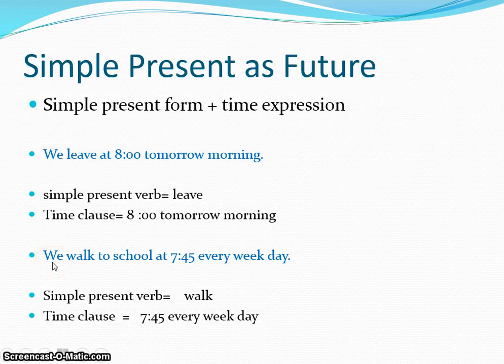Maybe I'm talking with a friend on a Sunday evening, and I'm talking about something that I might do every day, but Monday hasn't come yet. So this expresses something that I'm going to be doing in the future.